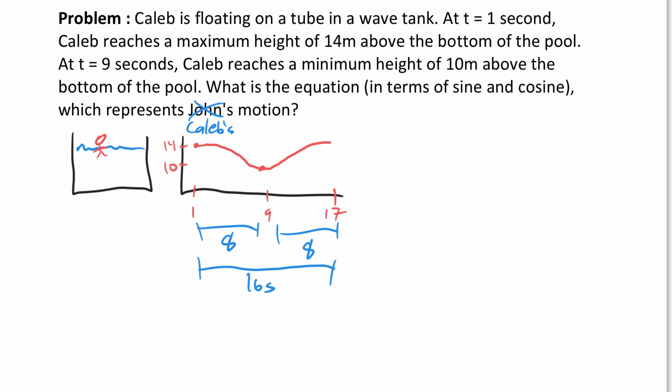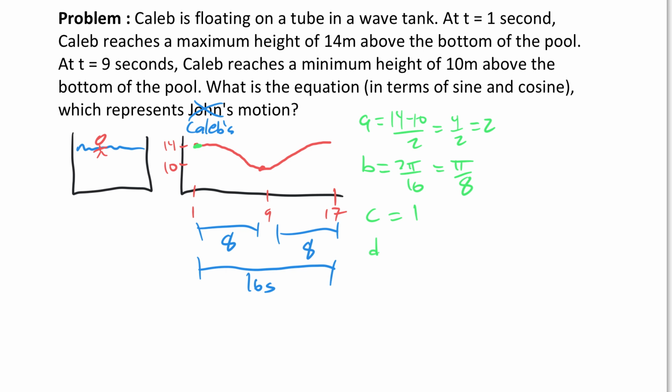All right, so A, 14 minus 10 over 2, 4 over 2, or 2. B is 2 pi over 16, so pi over 8. C, well, again, it looks like the graph kind of starts here and then goes down, so we can just make C equal to 1.